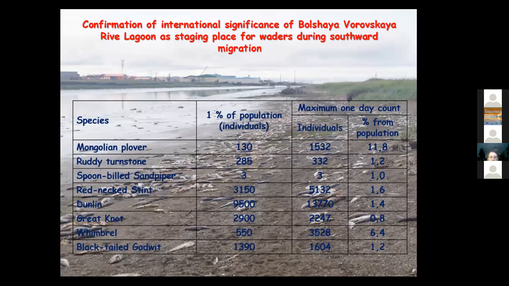In the first year of our investigation, we found that this rather small area is quite important and has international importance, with 46 species of waders. You can see the table showing how high a percentage of the flyway population is present for some shorebird species, especially for Mongolian plover, where it is the highest number.